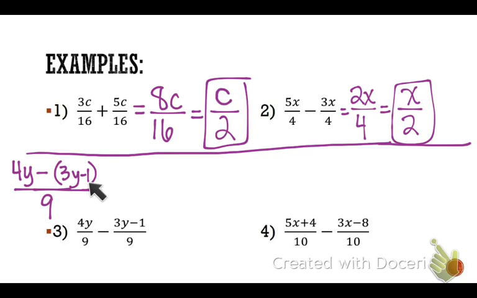Does that make sense? We have to distribute a negative when we're subtracting a binomial. So this turns into 4y minus 3y plus 1 when we drop those parentheses.